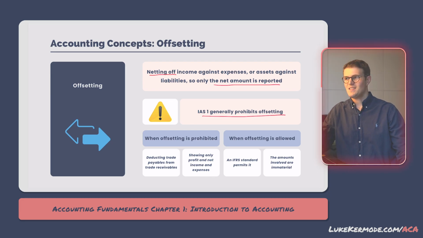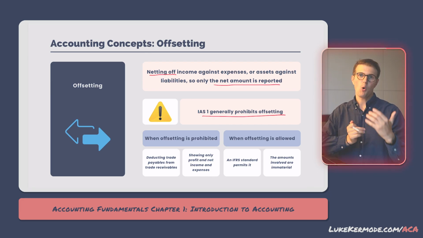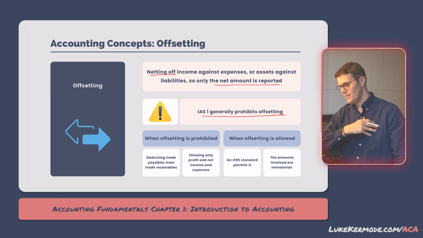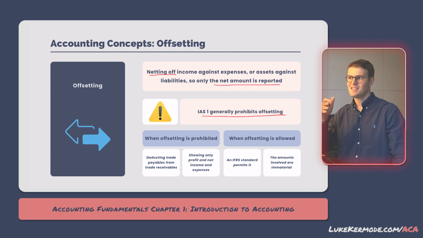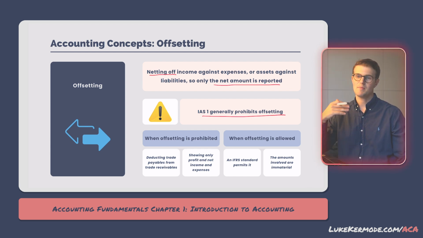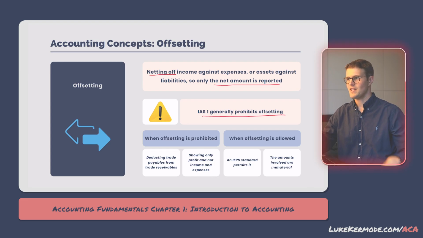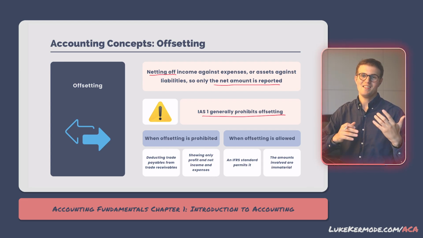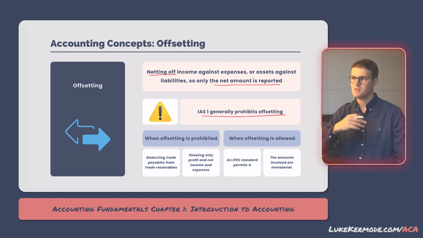Netting off income against expenses or assets against liabilities could conceal important details from investors. Instead, assets and liabilities need to be shown separately on the financial statements, and the same goes for income and expenses. They should be reported individually so that the full picture of the business's performance and position is visible to users of the financial statements.